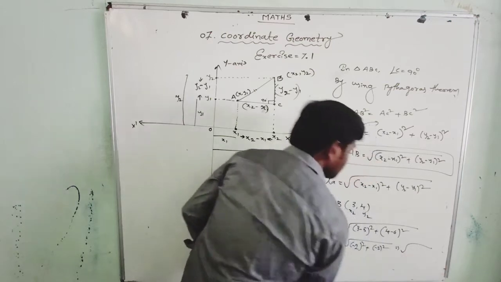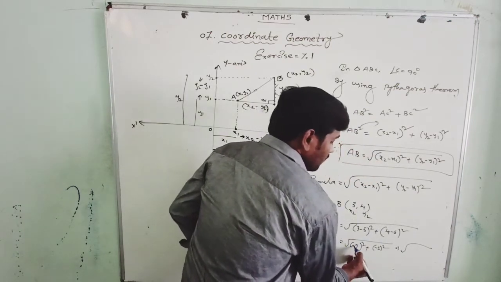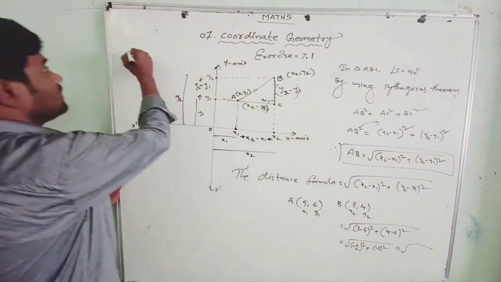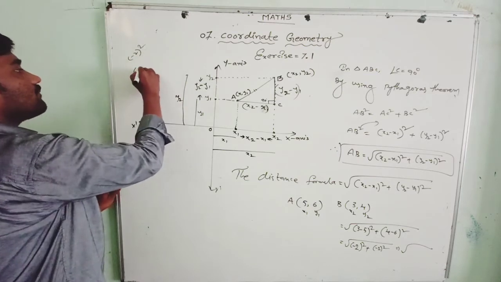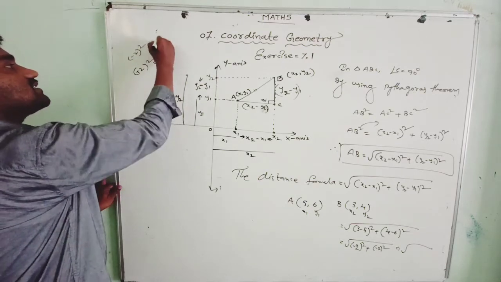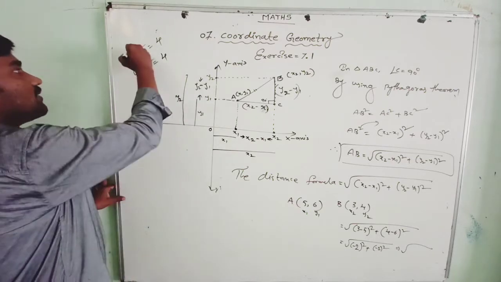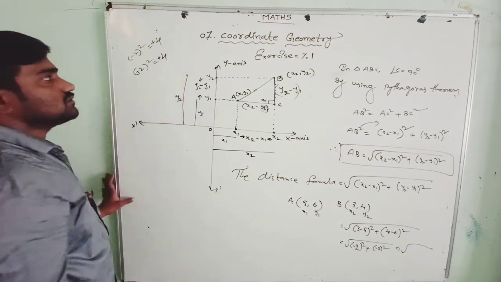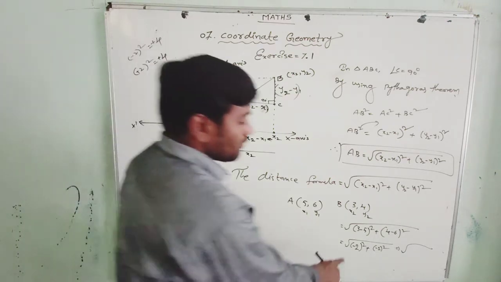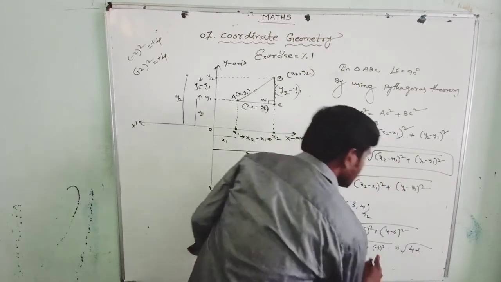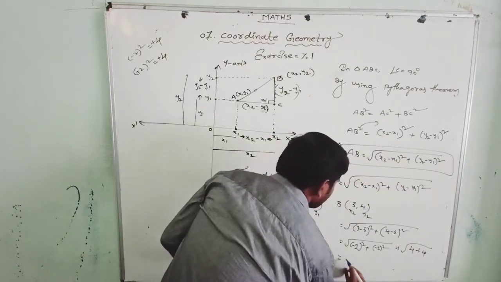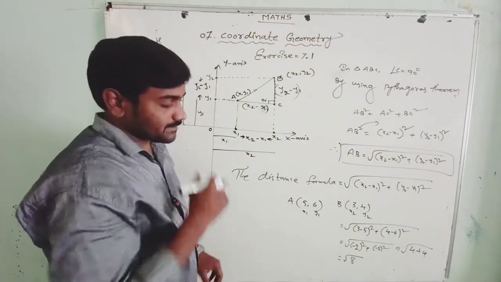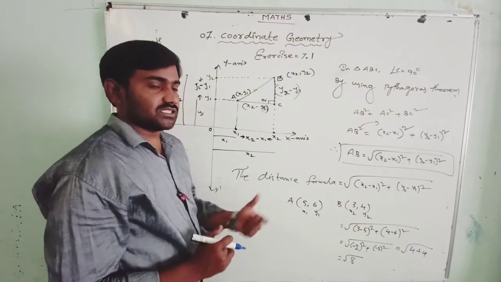Minus 2 whole square or plus 2 whole square always gives us a positive number only, because when you multiply minus 2 times you get plus only. So minus 2 whole square will be 4 and here minus 2 whole square will be 4. That is equal to under root of 4 plus 4 is 8. Root 8 units is the distance.